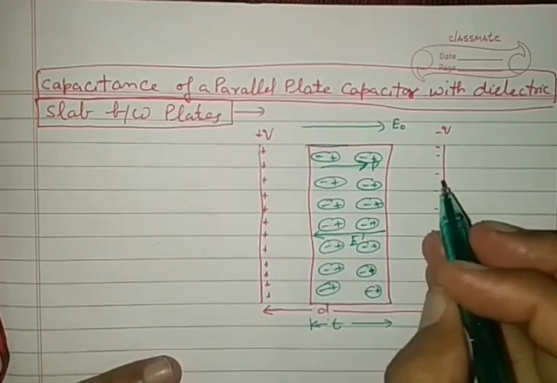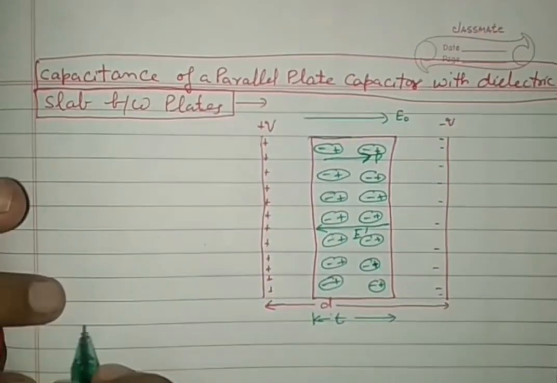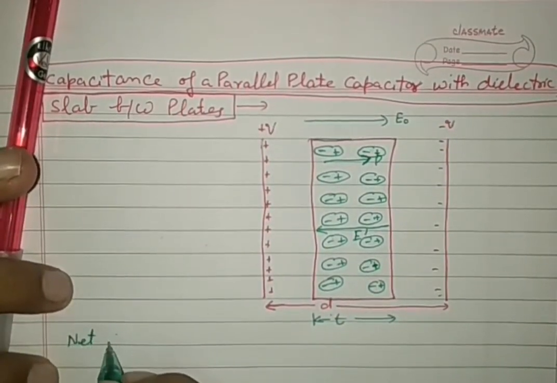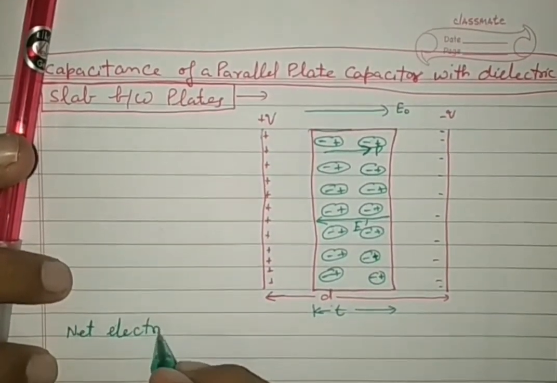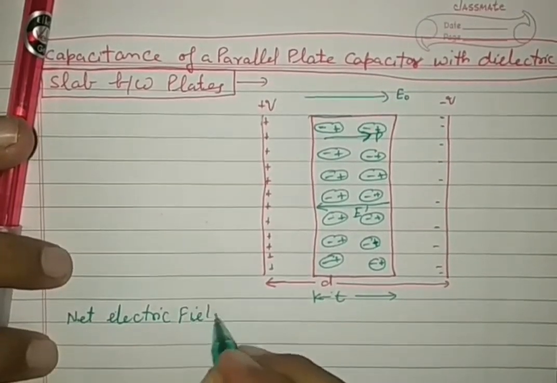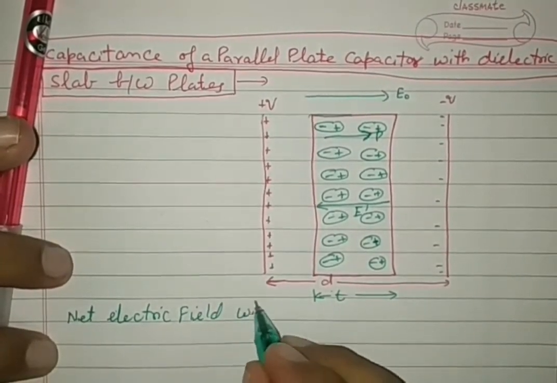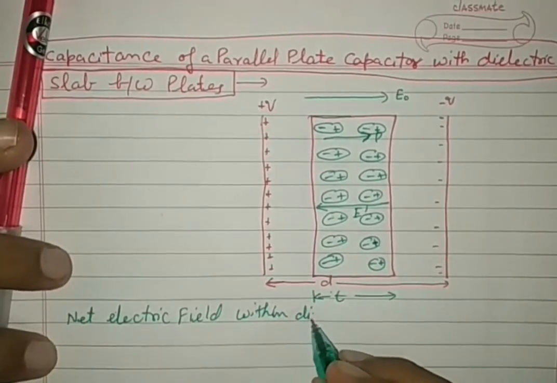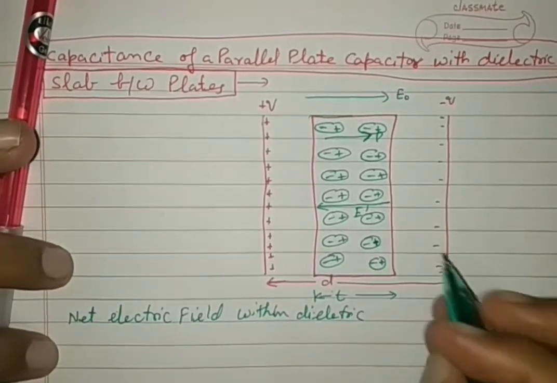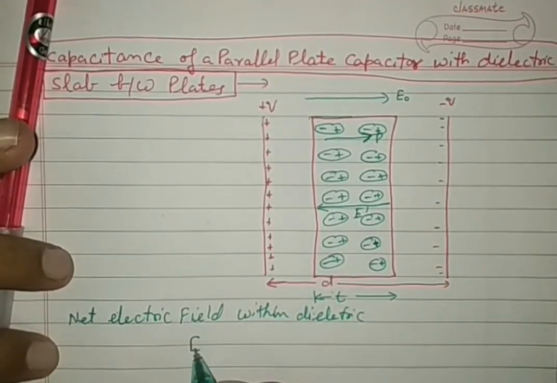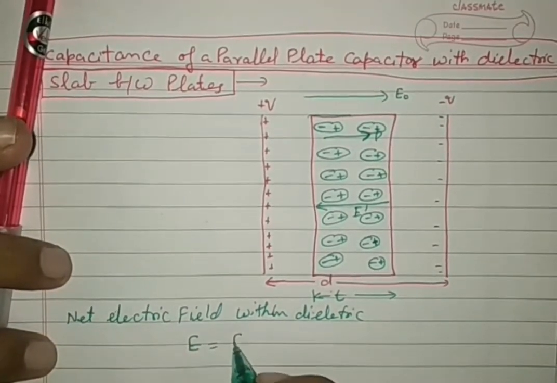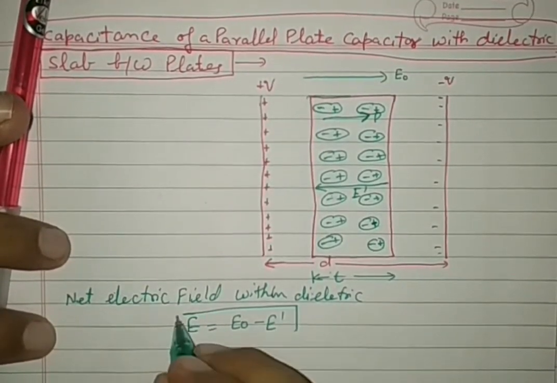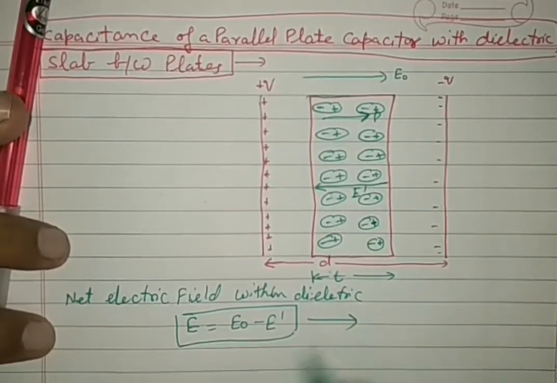So the net electric field within the dielectric, let this be E, is equal to E naught minus E dash, and it is represented by equation number 1.